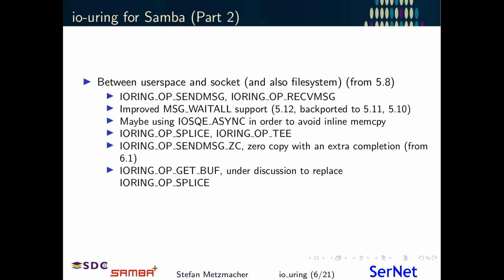But the good thing is that the notification of completion is much easier with io_uring, because we will just get a second completion event in the completion queue, and that makes it much easier to deal with. There are some discussions about a getbuf operation which could replace splice, but I don't think that gets anywhere currently.